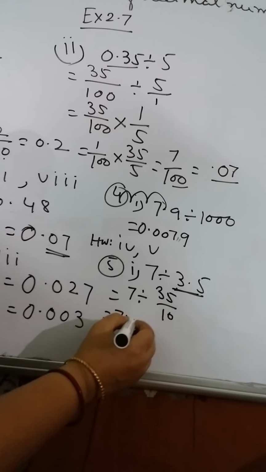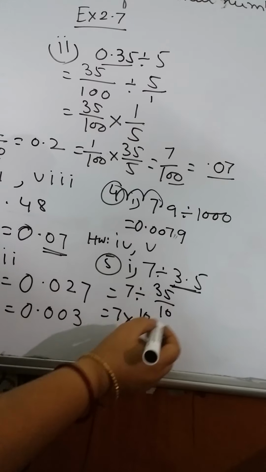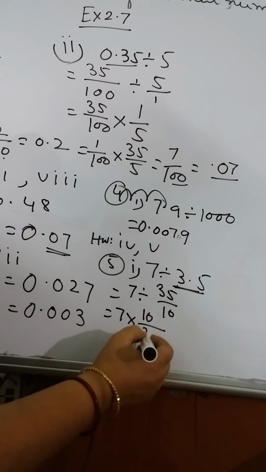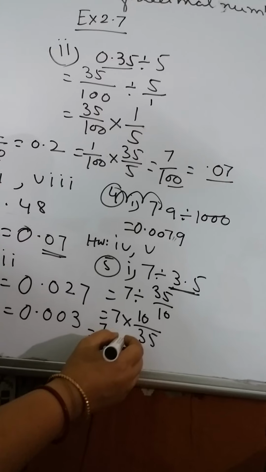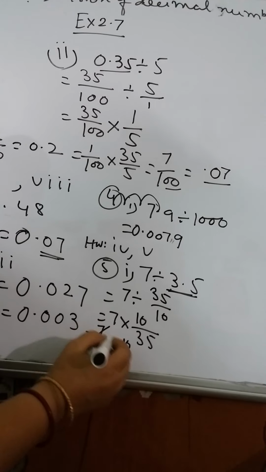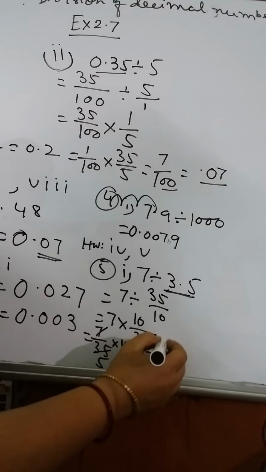Next step is you have to multiply with the reciprocal of the divisor. So that will be 7 by 35 into 10. So 7 by 35 is 5. So 10 by 5, it is 2. Your answer is 2.